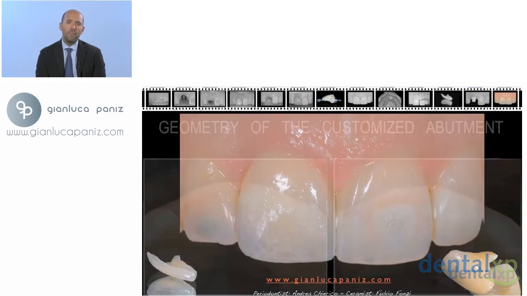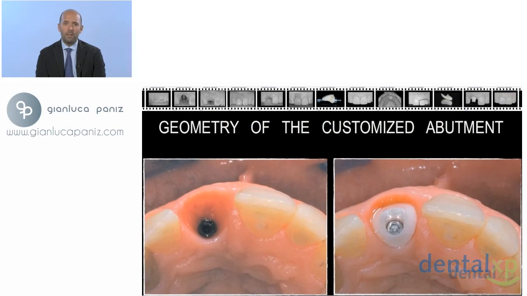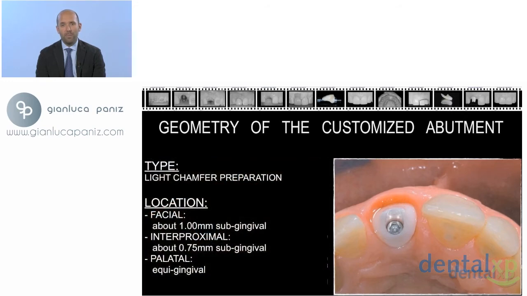Let's talk a little bit about the geometry of the customized abutment, because this is an extremely interesting aspect that we want to consider. Customized abutments are normally fabricated with a light chamfer preparation, not deep but light, and the location of the finishing line is extremely important.